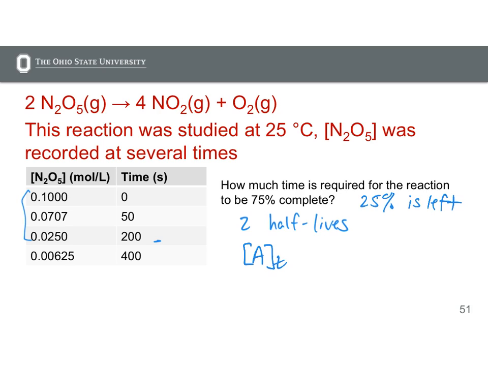So we know that A at time t is equal to 25% of our original concentration. So we want a quarter of our original concentration. And now you can plug it back into the equation.